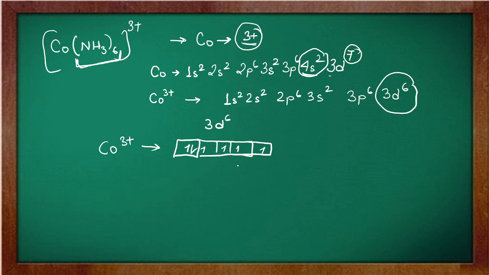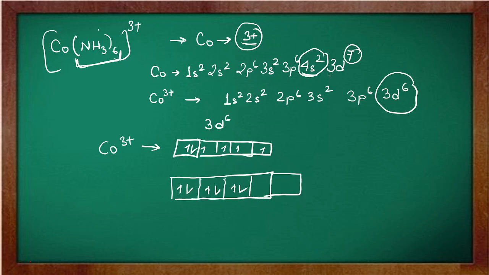The electrons which are present in the d orbital will start pairing. So now if this is my d orbital, 1, 2, 3, 4 and this is another one, 5. Now the ligand is approaching, so the electrons will start pairing. So it is already paired. Now this is one, this is another, this is one and this is another. All the 6 are paired.